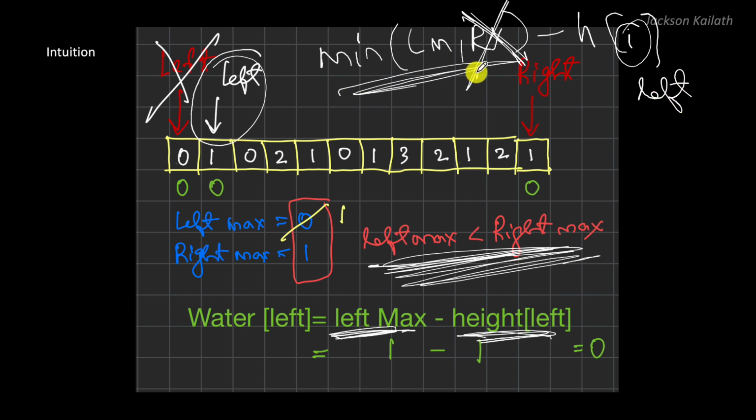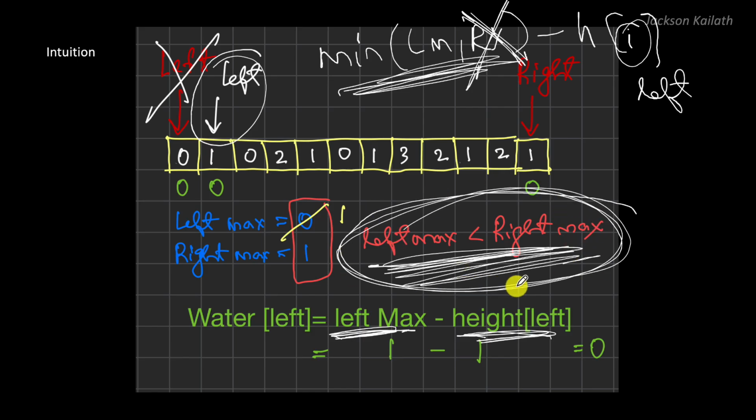But over here, notice I am no longer calculating the minimum between these two because I know left max will be less than right max. Like I have a value for right max at this place, right? But again, typically we used to consider all of these values. But again, even if you consider all of these values, right max can only increase. It cannot decrease because we are trying to find the maximum.